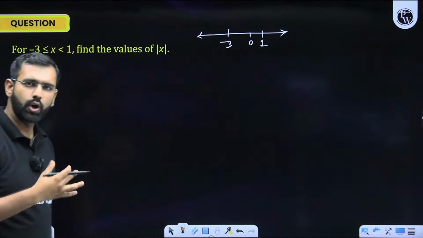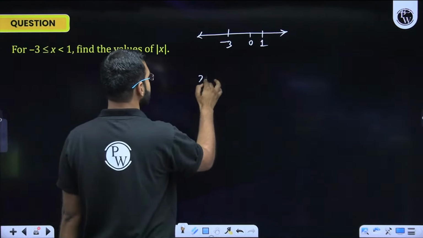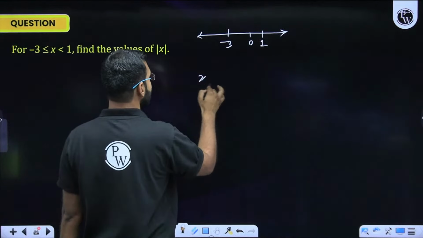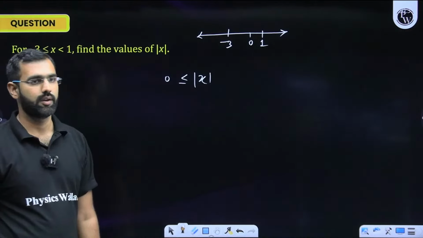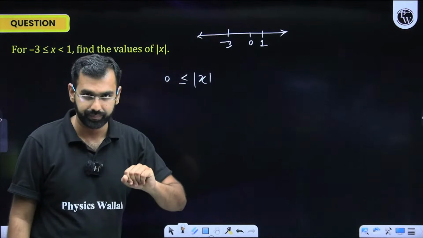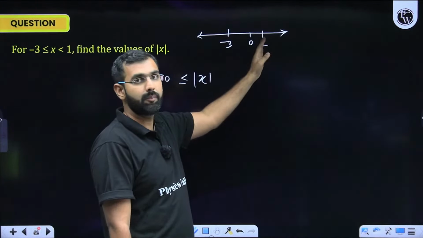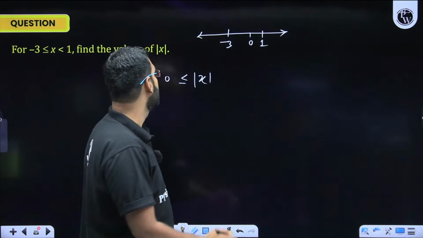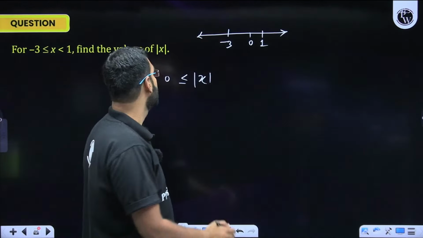If you put a modulus over all of them, you will of course get 0 in between. So when x is from minus 3 to 1, modulus of x will attain its minimum value 0. Now, modulus of 1 will be 1, modulus of minus 3 will be 3. So its maximum value will be 3.